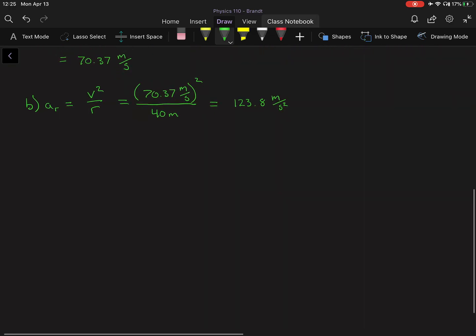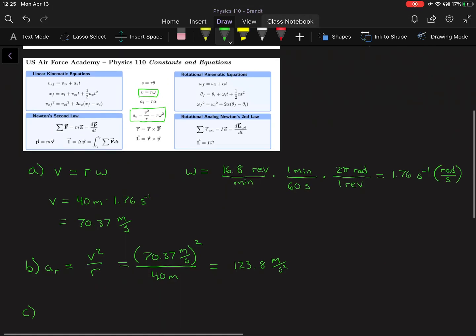So for part C here, if we take a look at our rotational kinematic equations, so these guys here, we should see that they look very similar to our linear kinematic equations, except we plug in the rotational equivalent of our linear variables of motion. So we want to know how many revolutions, or how many angles, so to speak, we're going to rotate through. So we need something with theta in there.